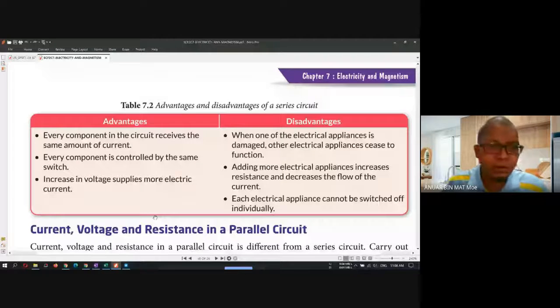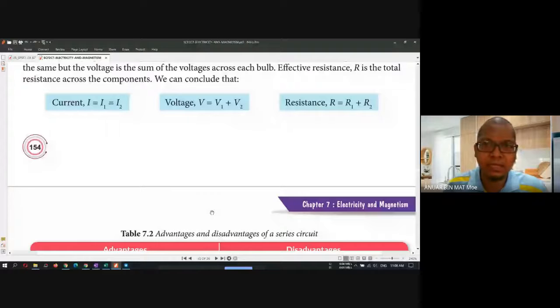For example, number one, the advantage for number one, every component in the circuit receives the same amount of current. Because if you still remember the formula for current in series circuit, all equal, meaning that total current I equals current number one and current number two, I equals I1 equals I2.